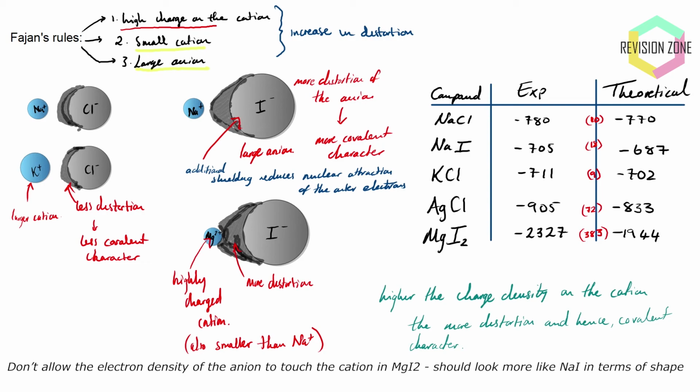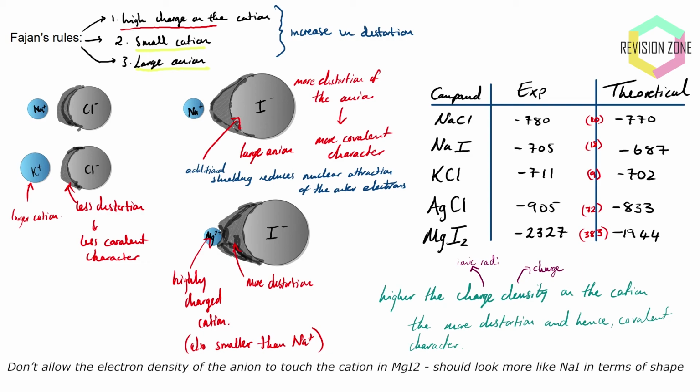And the charge density relates to two things. It relates to ionic size or ionic radii and charge. If the charge is high and the ionic radii is small, then it's a high charge density.